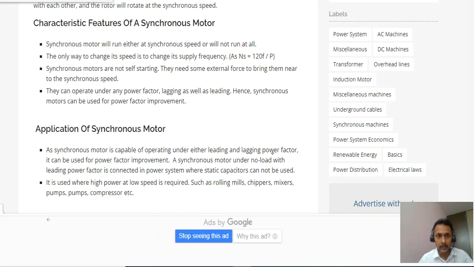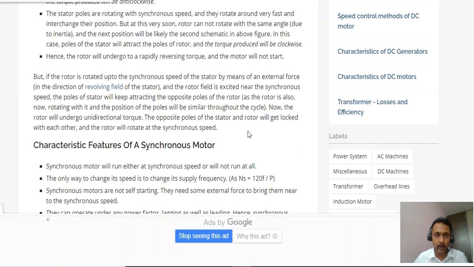Synchronous motors are not self-starting, and they need some external force to bring them nearer to the synchronous speed. Only then will it operate. They can also operate under any power factor, lagging as well as leading. Hence synchronous motors can also be used for power factor improvement, right?